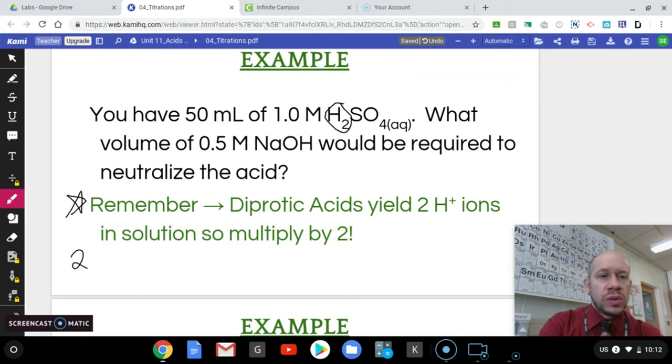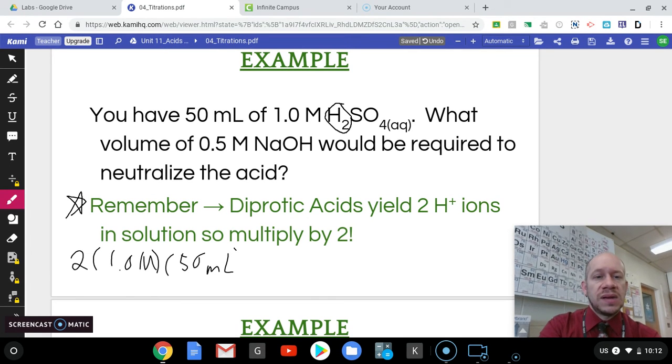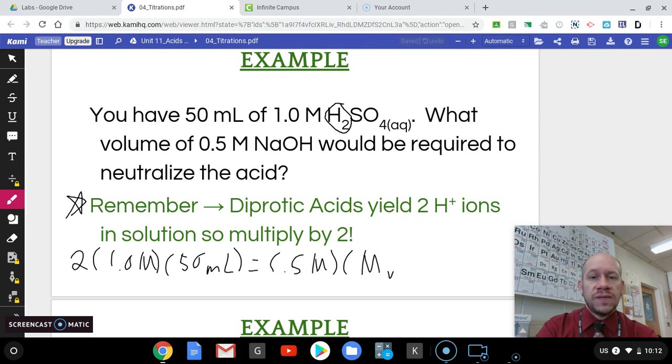So it would be 2 times our 1 molar acid times 50 milliliters is equal to the 0.5 molar base times the volume, which is what we're looking for. So what I would get is 50 times 1 times 2 divided by 0.5 equals 200 milliliters.